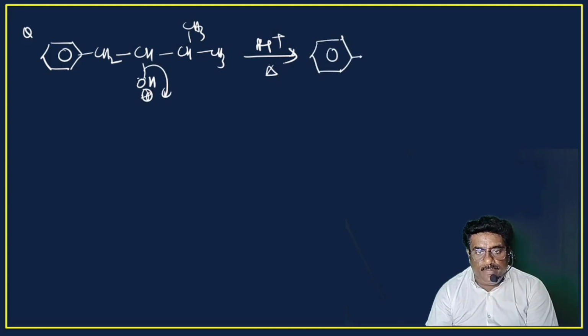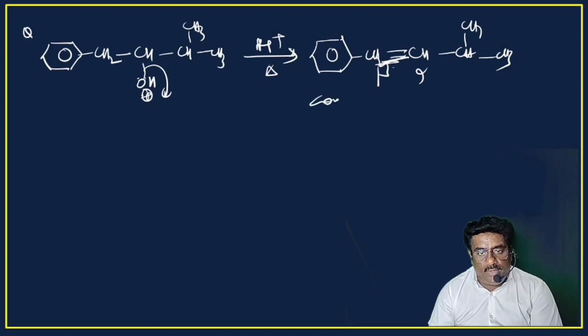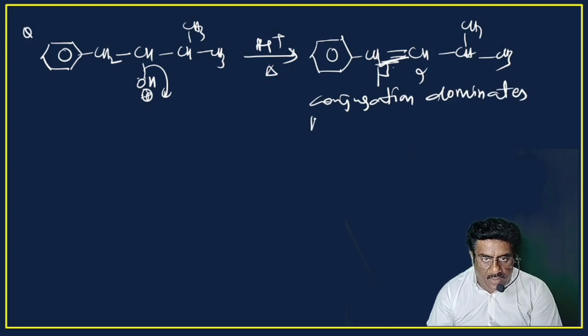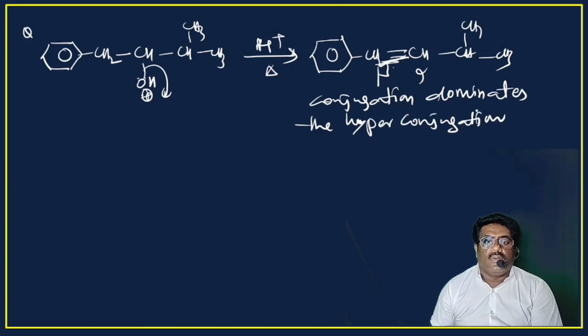This is the product: CH2, CH, double bond, CH3, CH3. It is alpha beta conjugation. Conjugation dominates over hyperconjugation.